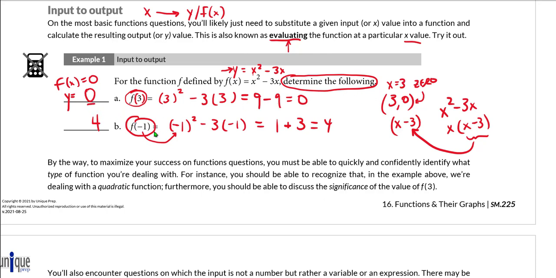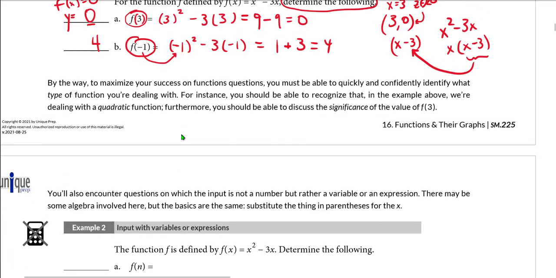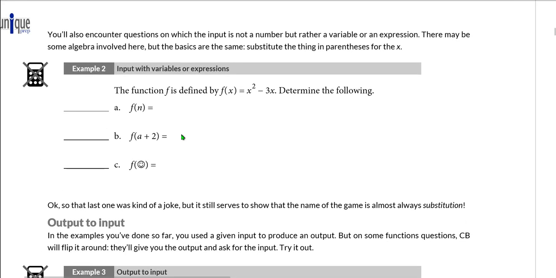So again, probably a good idea to be able to look at functions, know what type of function you're dealing with, in this case a quadratic, and know the significance of what happens when you evaluate the function at certain values of x.